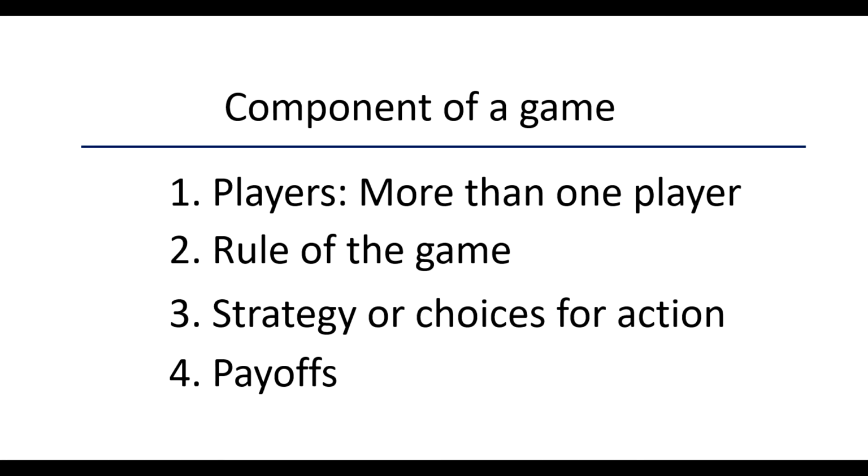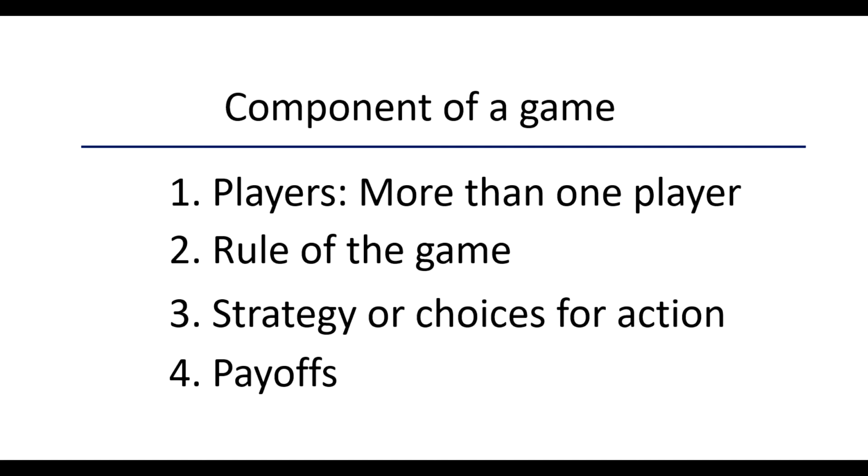First of all, I would like to introduce you to the components of a game. A game must have players, rules of the game, strategy, and payoffs. Players must be more than one, otherwise you play with yourself and it is decision under uncertainty, not game theory.